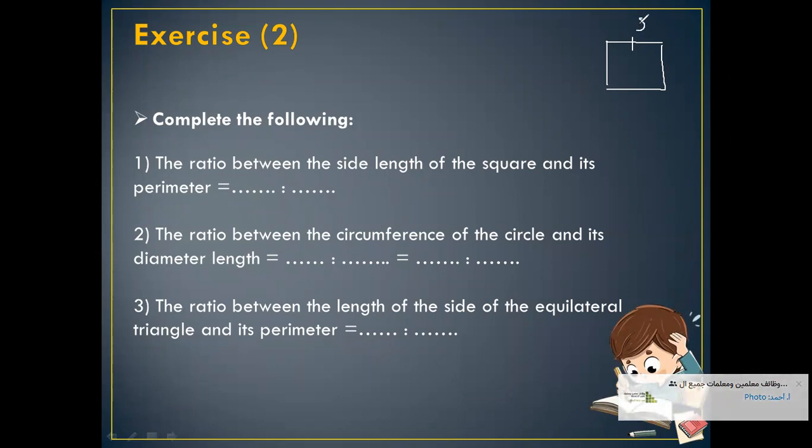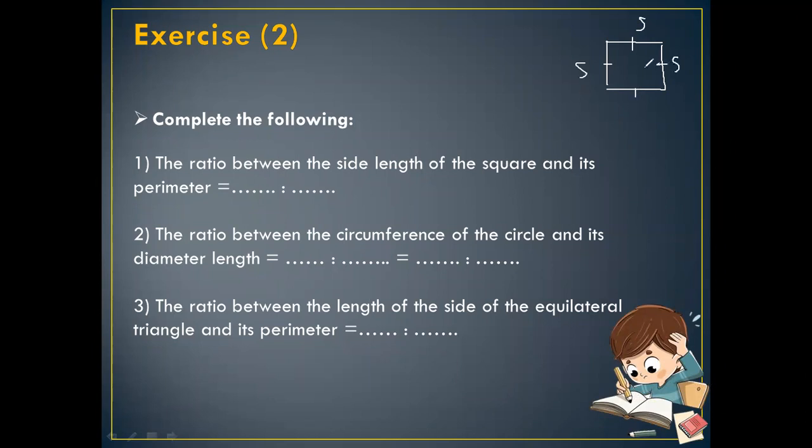We call this side s, and this is the side s, and we know all of the sides are equal. So the perimeter of the square equals what? 4 times s, or we can write it as 4s.